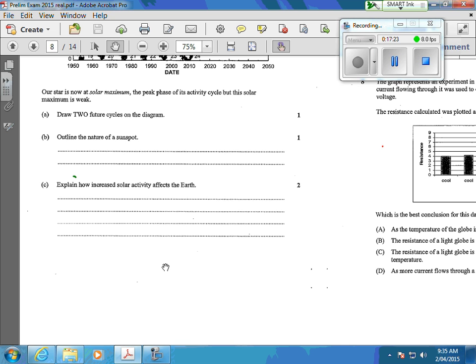Explain. This is a really, really important word in science. In English, they don't seem to have any real meaning to it, but here we're very particular. It's worth 2 marks. Now, explain means cause and effect. Get that in your heads.